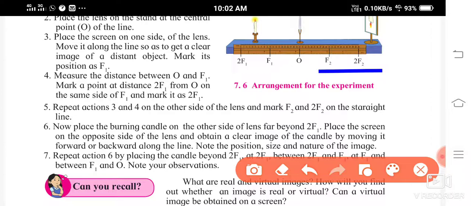Now place the burning candle on the other side of the lens, far beyond 2F1. So you're going to place the candle far beyond 2F1. Then place the screen on the opposite side of the lens and obtain a clear image of the candle by moving it forward or backward along the line.